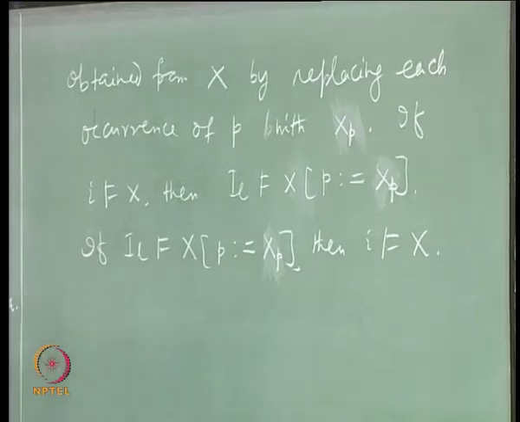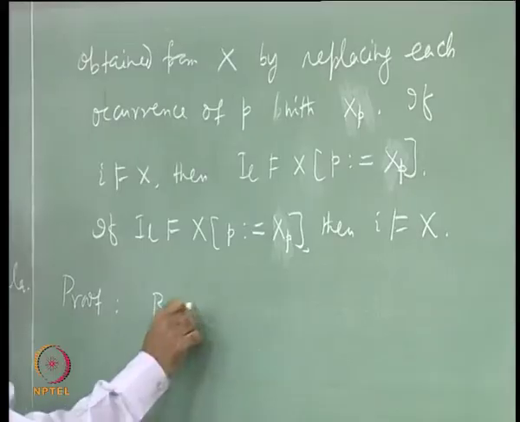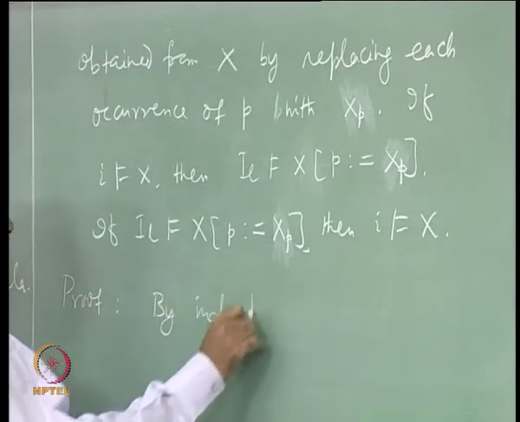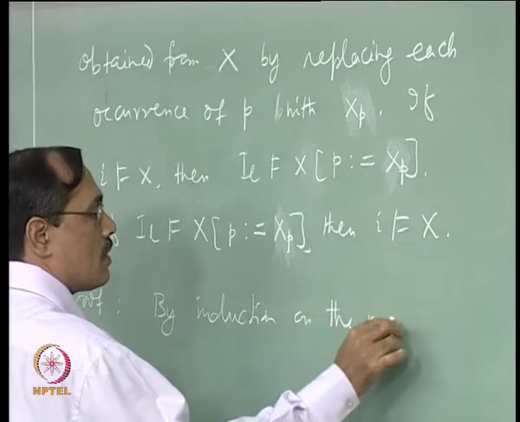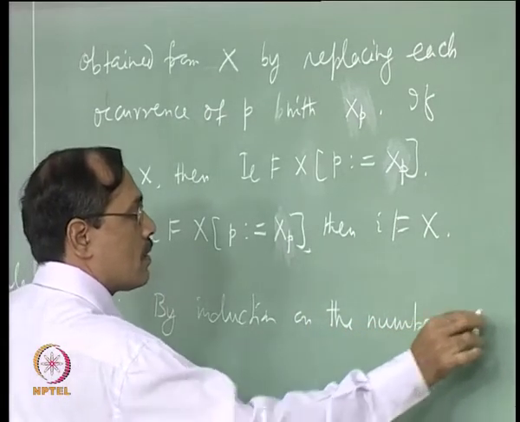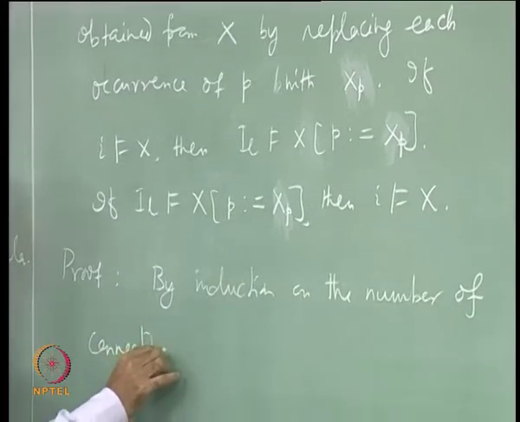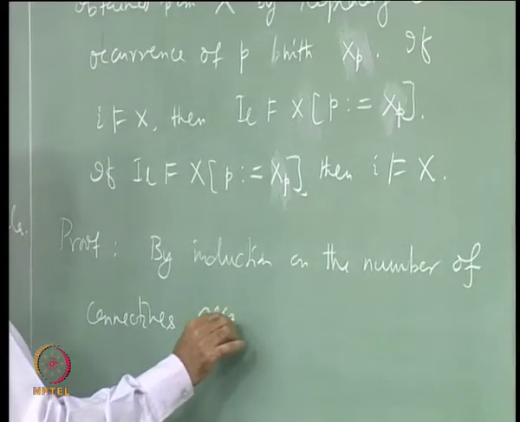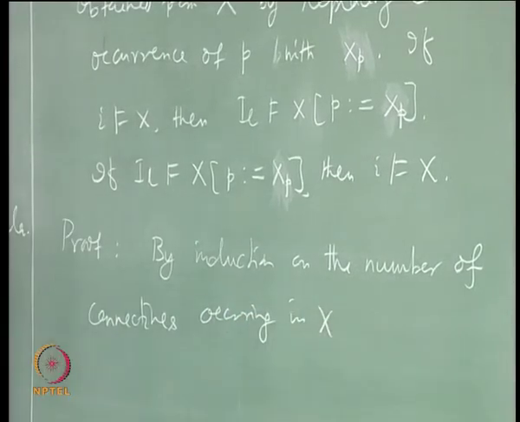This is what we expect to hold. So, it is really the number of occurrences of connectives, right.